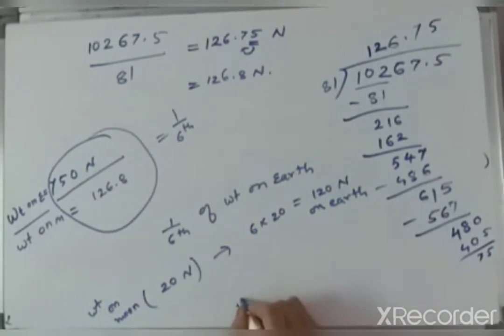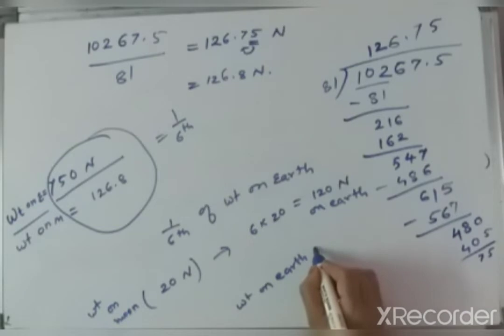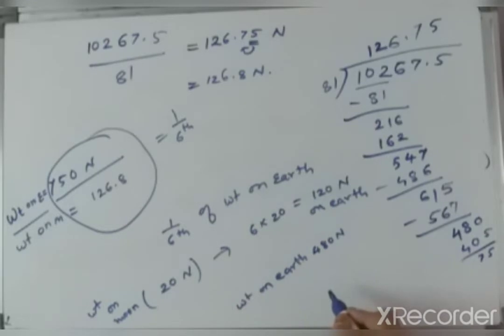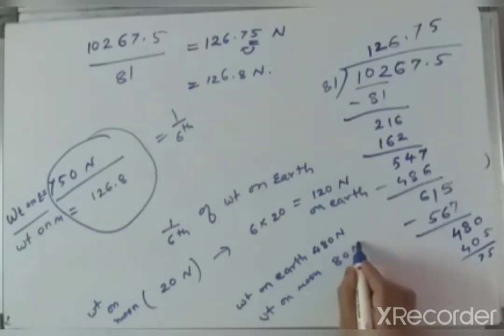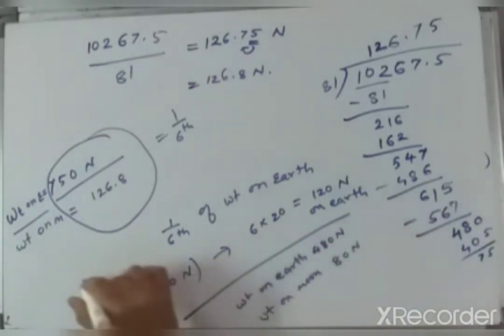If the weight of any object on earth is, suppose, 480 newtons, then the weight of the same object on moon will be 480 divided by 6. It will be 80 newtons. So is it clear?